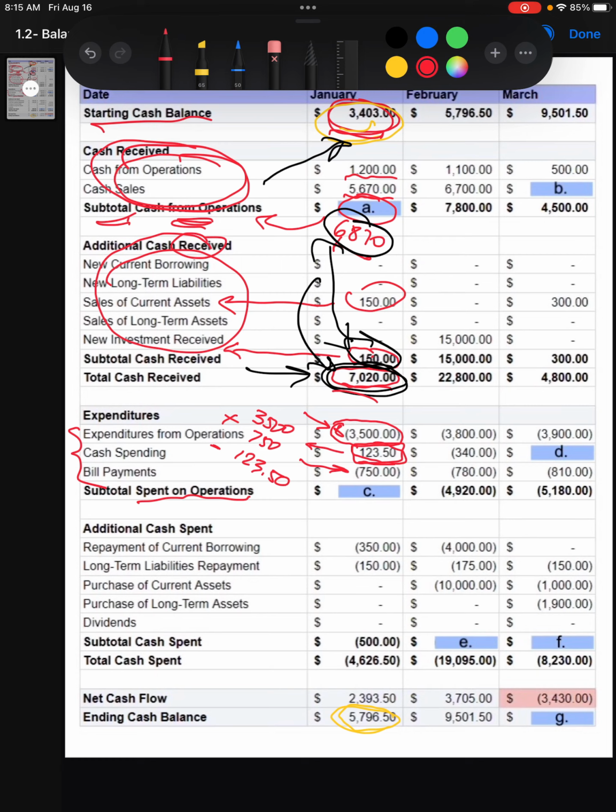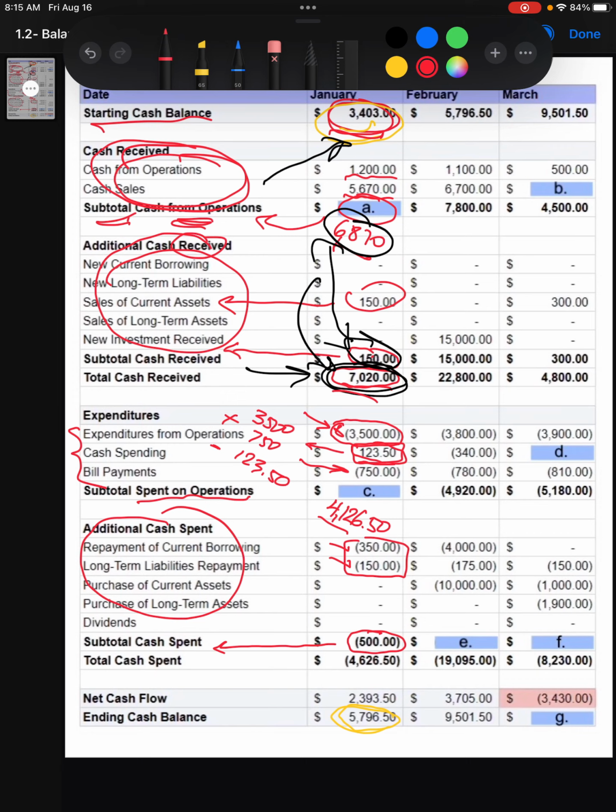So what I'm going to do is to add 3,500 and 750 and subtract 123.5. So the subtotal spent on operations is 4,126 and 50 cents. Now let's take a look at the second category, additional cash. Here we spent this money, 350 and 150, and as you can see, we spent $500 on additional cash spent.